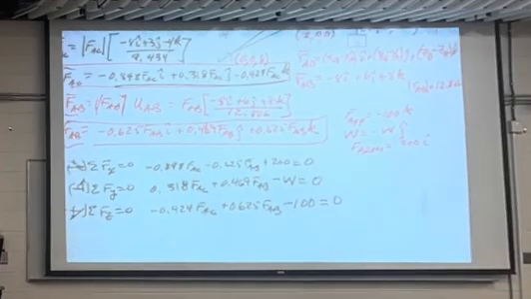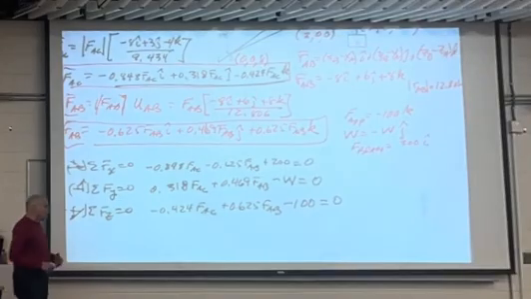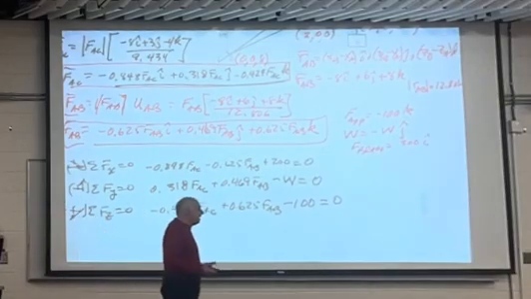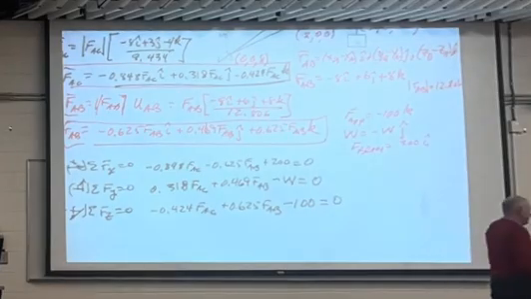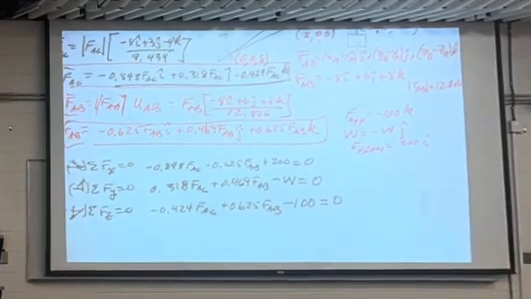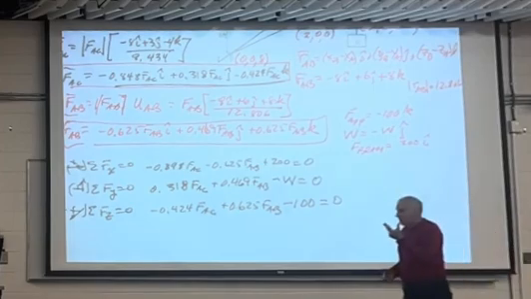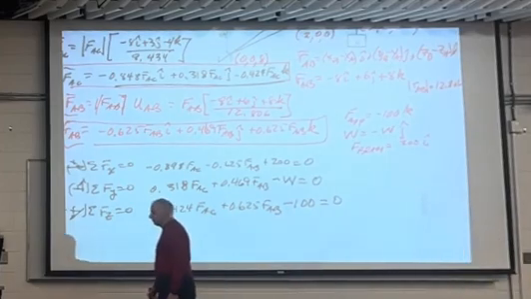What do I have? I have three equations in three unknowns, FAB, FAC, and W. Three unknowns, three equations, right? Solve.